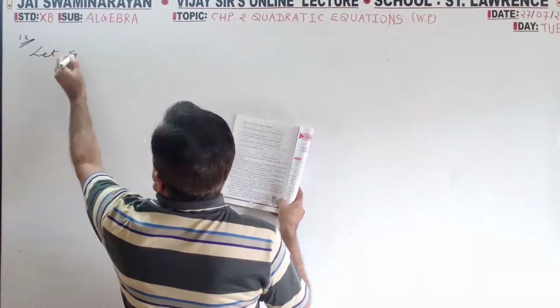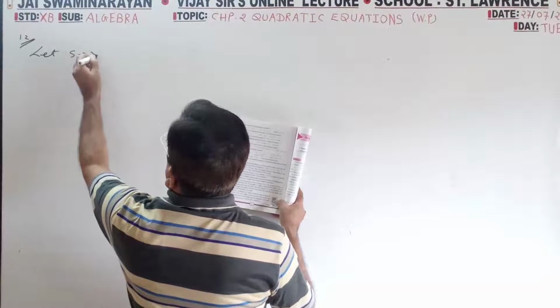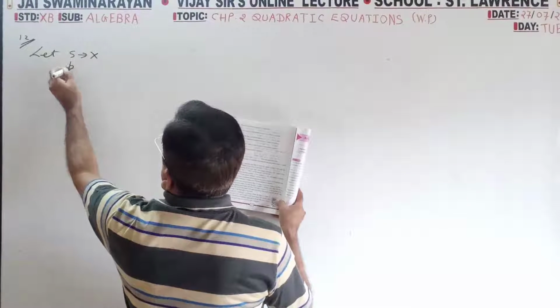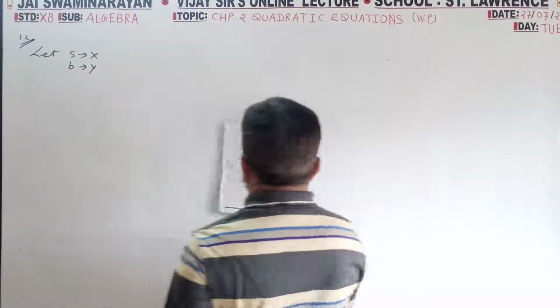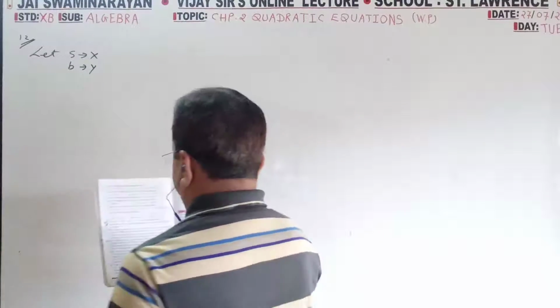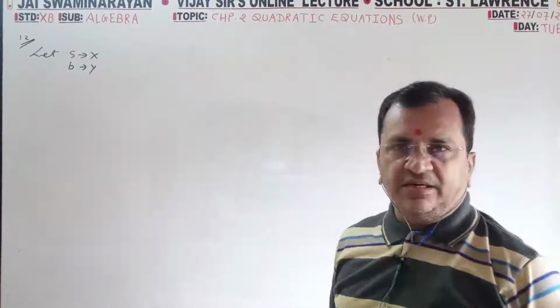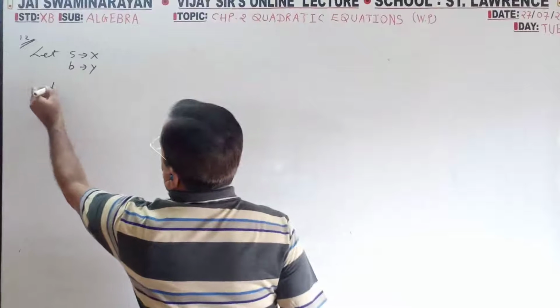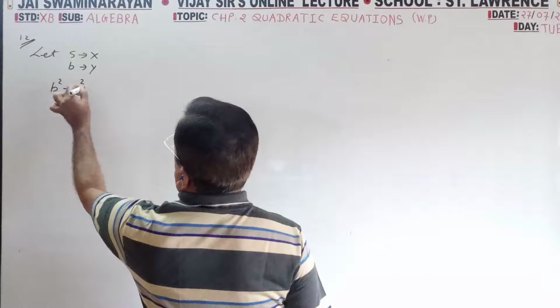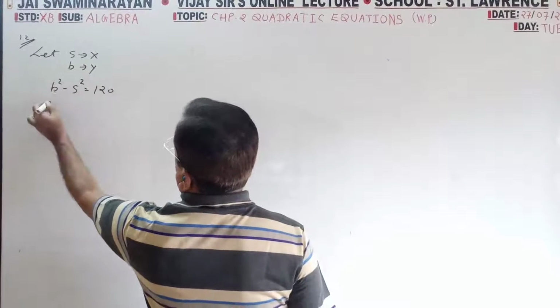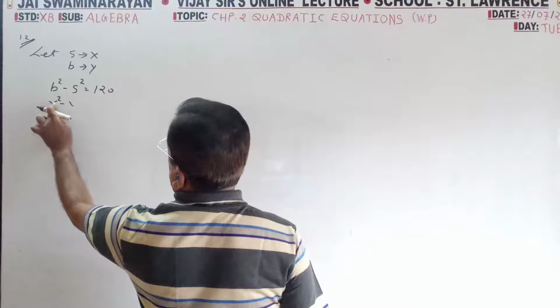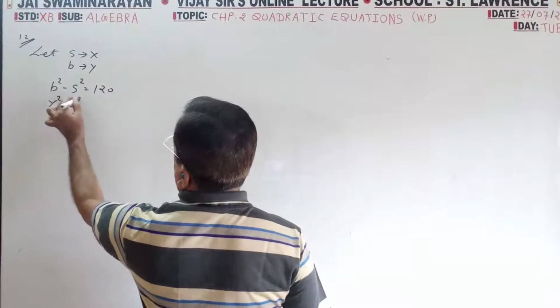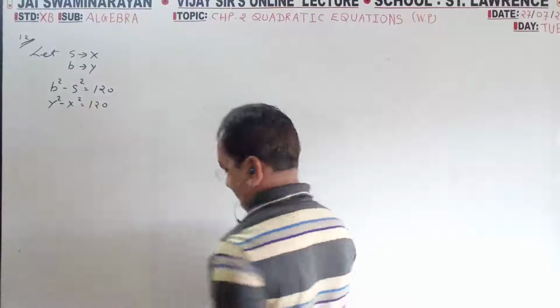Let the smaller number be x, the bigger number be y. Difference between the squares means bigger number square minus smaller number square is equal to 120. So y square minus x square is equal to 120.